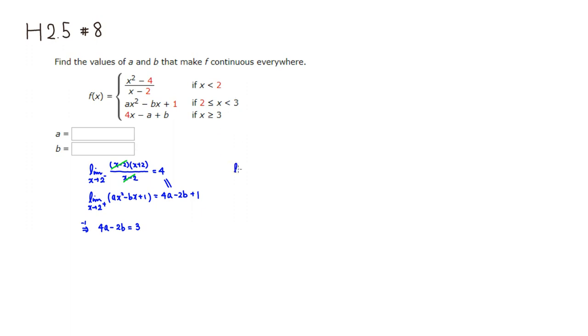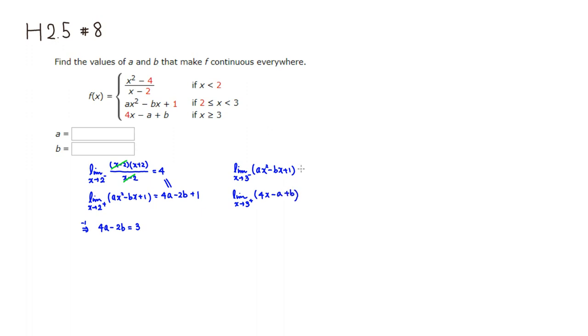We take the limit as x approaches 3 from the left, and in this case I have to use the middle formula, ax squared minus bx plus 1. Also we take the limit as x approaches 3 from the right, and in this case we use the last formula, which is 4x minus a plus b.